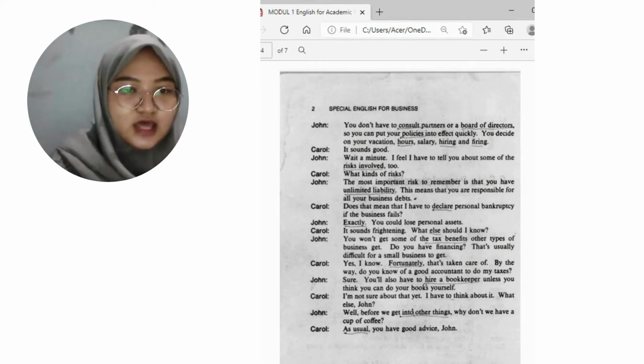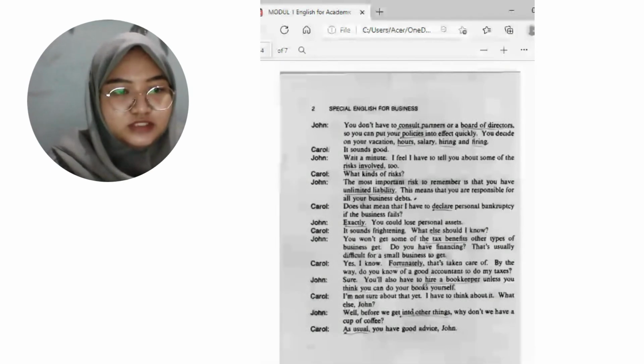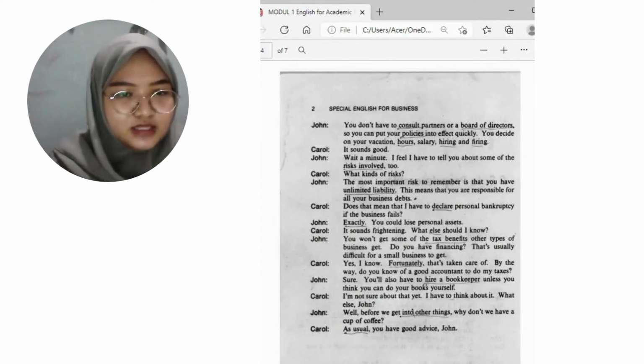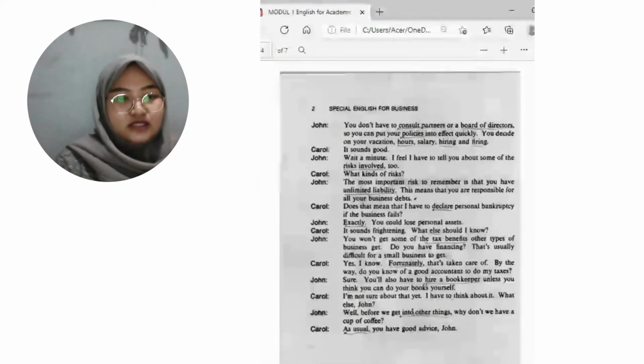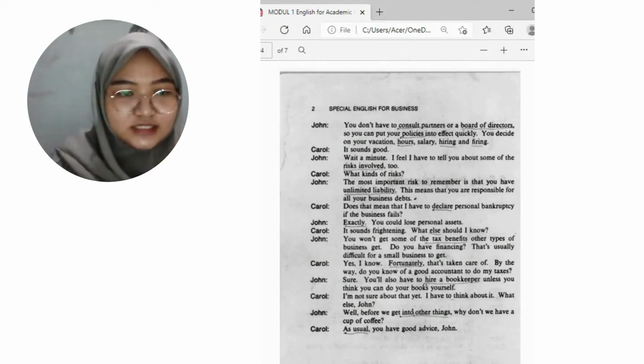This means that you are responsible for all your business debt. Carol: Does that mean that I have to declare personal bankruptcy if the business fails? John: Exactly. You could lose your personal assets. Carol: It sounds frightening. What else should I know?